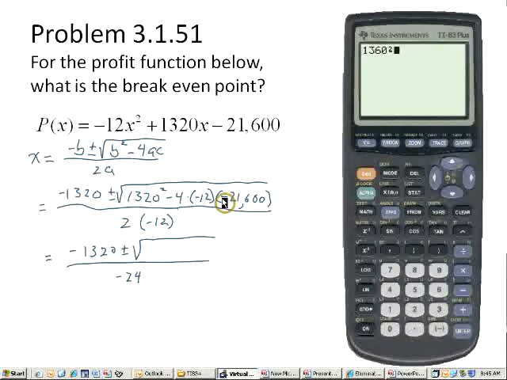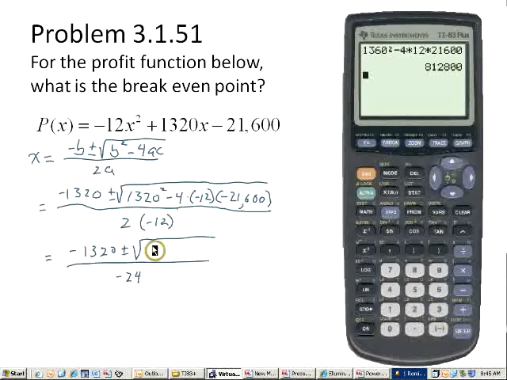Make sure I got everything correct. And then I have a triple negative here: negative 4, negative 12, negative 21,600. So that's going to give me minus this particular product, which is 4 times 12 times 21,600. And that's what's underneath the radical.